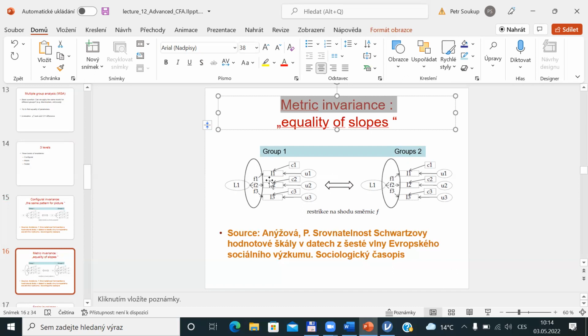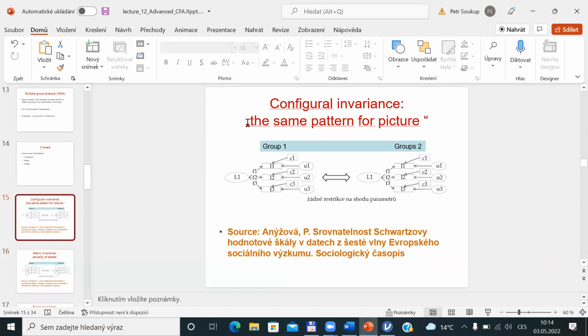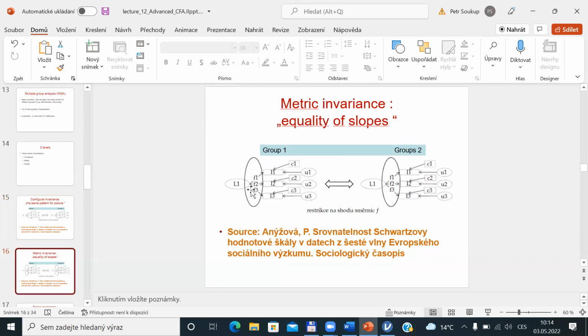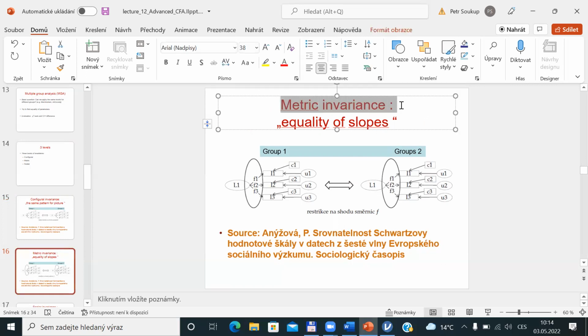So I'm not expecting only, as the first assumption, the same picture, but I'm also expecting that all these factor loadings are the same. If this metric invariance is valid on my data, I would evaluate the model and fix that for the first group, F1 is the same as for the second group. For F2 the same, and for F3 the same.